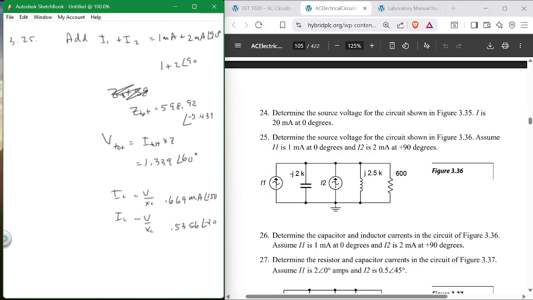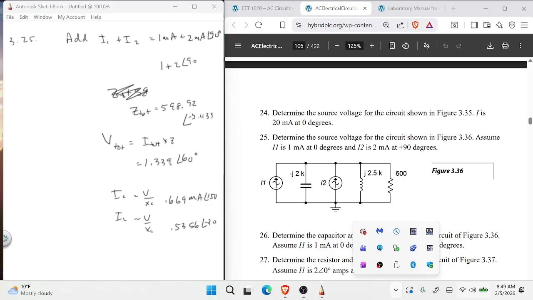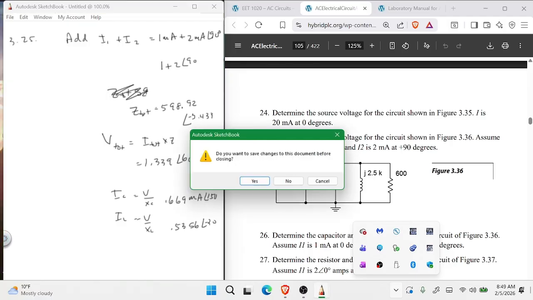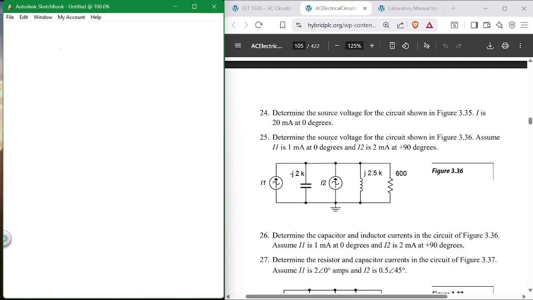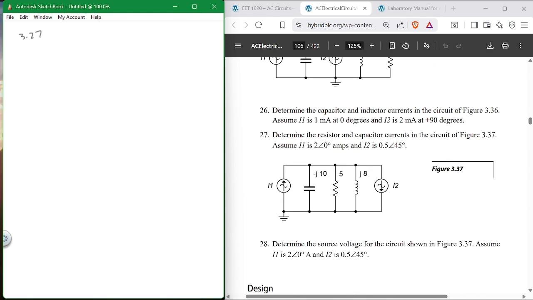Okay, number 27, and then we're done with the problems. Here in 27, you've got one going one way and one going the other. What do you do? You subtract them.